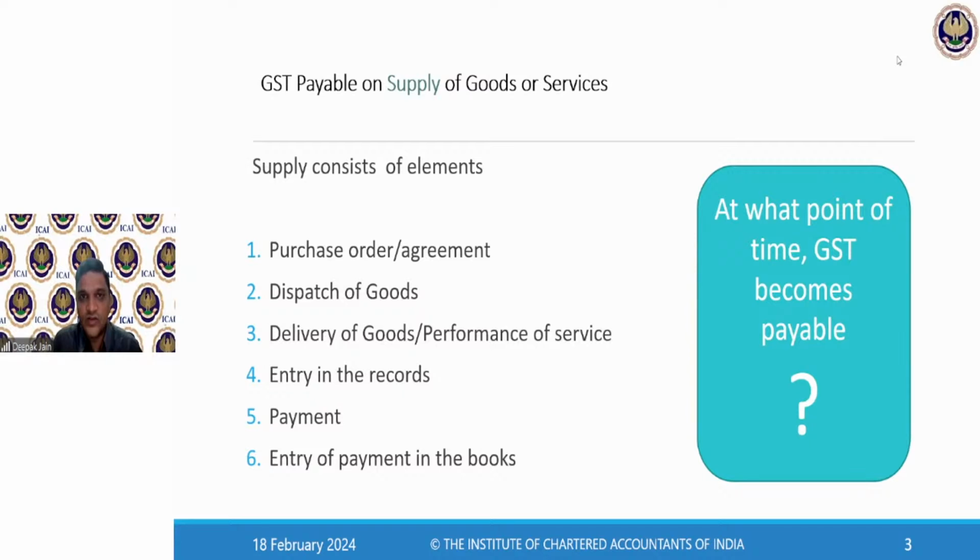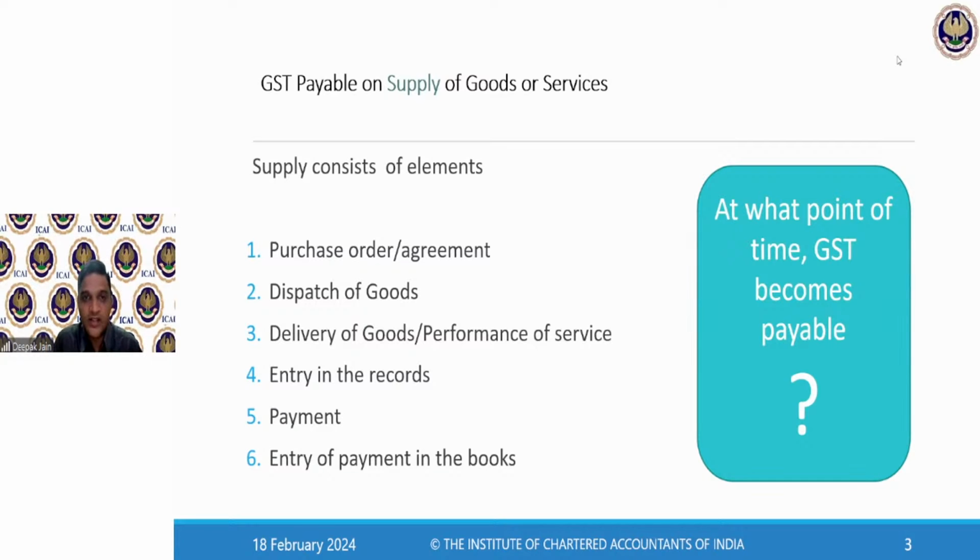Because if the seller has to sell something, the agreement or the purchase order should define the price you are selling at. Orally I can tell something, that is also possible, or an actual written purchase order may come in case of bigger companies. So you could get a purchase order, then you can dispatch the goods.